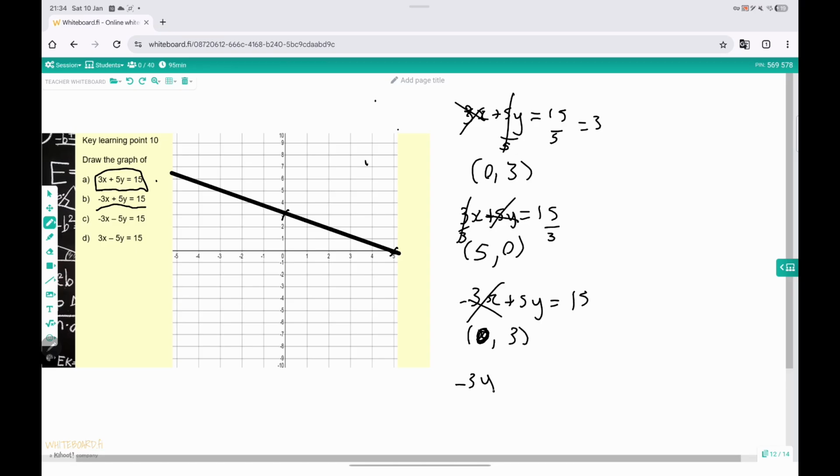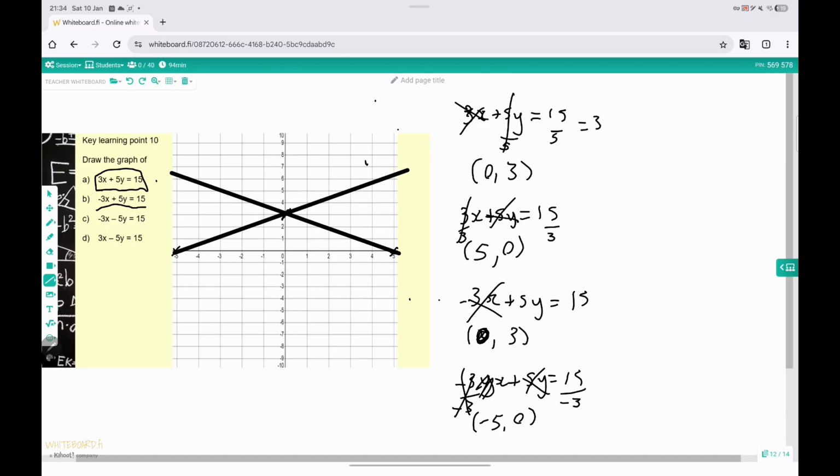But when we make y 0, then we've got negative 3x equals 15, so we have to divide by minus 3 to solve that. We're always dividing by whatever coefficient's left behind, so we get minus 5 as our answer there. So our coordinates are going to be 0, 3 again, but then minus 5, 0. So this line actually looks like so.